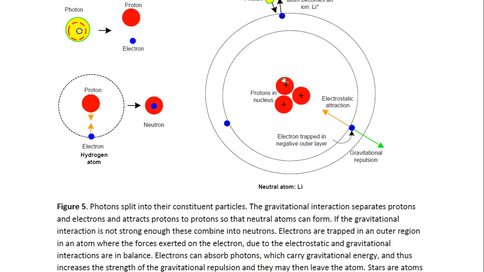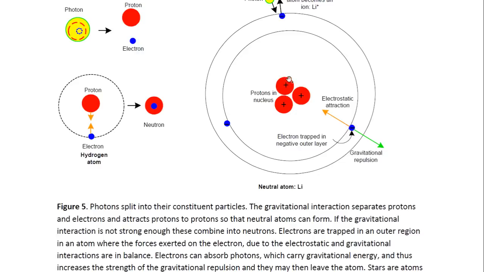And so we would have ions at the center of the star, and these are atoms that are deficient in electrons. The electrons are separated from the rest of the atom due to the charge separation interaction, or the repelling force between electrons and protons due to the gravitational interaction.